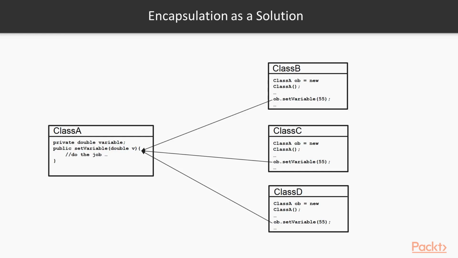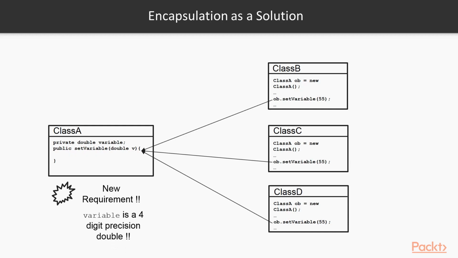As a consequence, all other classes would go through that public method to set and change the value of the variable. Should there be any new requirements, this would not be a problem because we would have to change code in only one location. Let's take a look at a piece of code.